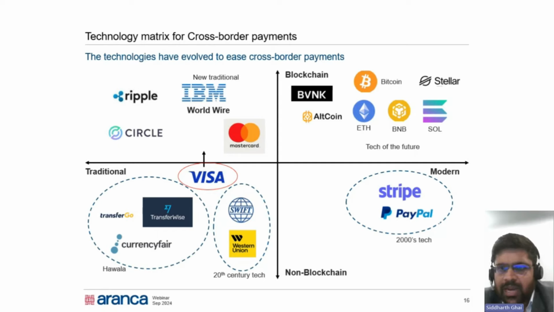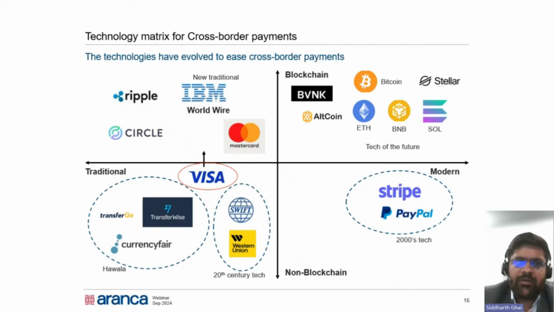As we discussed, Stellar is one of them. BVNK is one of them. And these are all the companies that are moving in the direction of making modern infrastructure, modern technologies, leveraging blockchain as a technology for enabling cross-border payments.